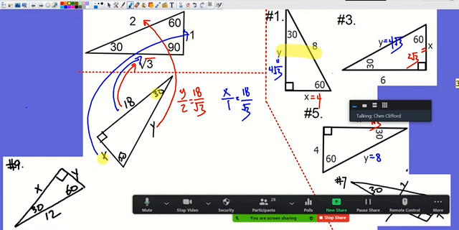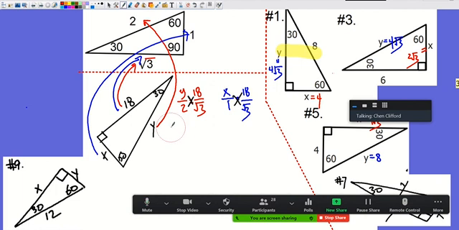Because x is across from 30, just like 1 is across from the 30. Now we just cross multiply. That's the hardest part, that's the new part. Everything else is old.